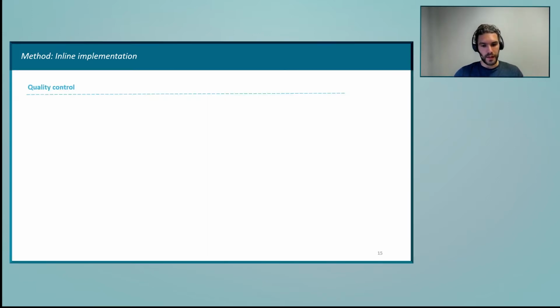But when we go inline, it's nice to also do a bit of quality control, because you want to go from your detection directly to the reconstruction. And if you have a problem in the middle, you will have to wait until the final reconstruction to detect it. You have different problems you can try to detect, one of which is a suboptimal TI range, with a minimum inversion time that is too high.